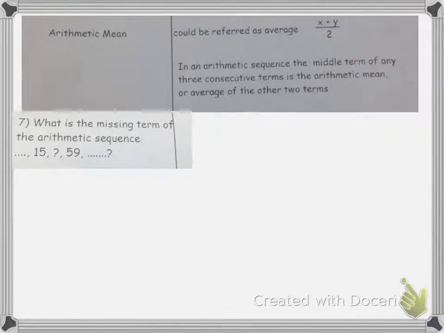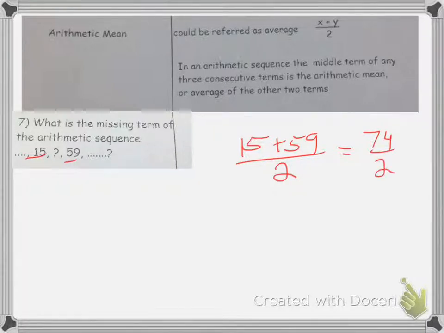So what I can do, I can add these two, and that's the arithmetic mean that I'm finding, 15 plus 59, and divide by 2. So 15 plus 59 becomes 74. 74 divided by 2 becomes 37. Let me check that. I didn't use a calculator. So that means that's the middle term.